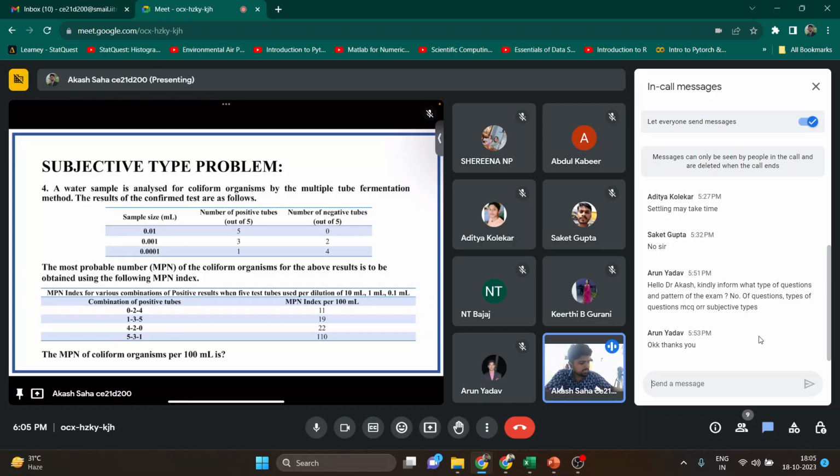So that's what the next table is given. It says the most probable number of the coliform organisms for the above results is to be obtained using the following NPN index. So they have made a NPN index.